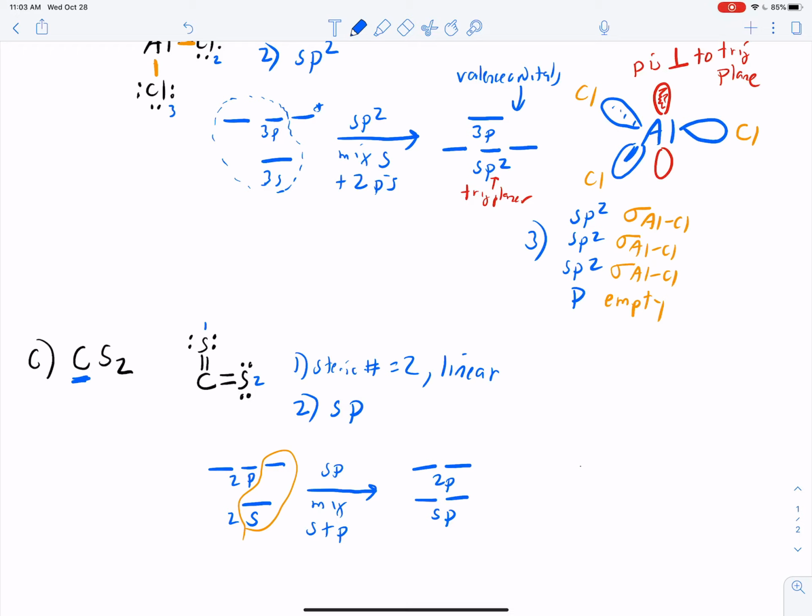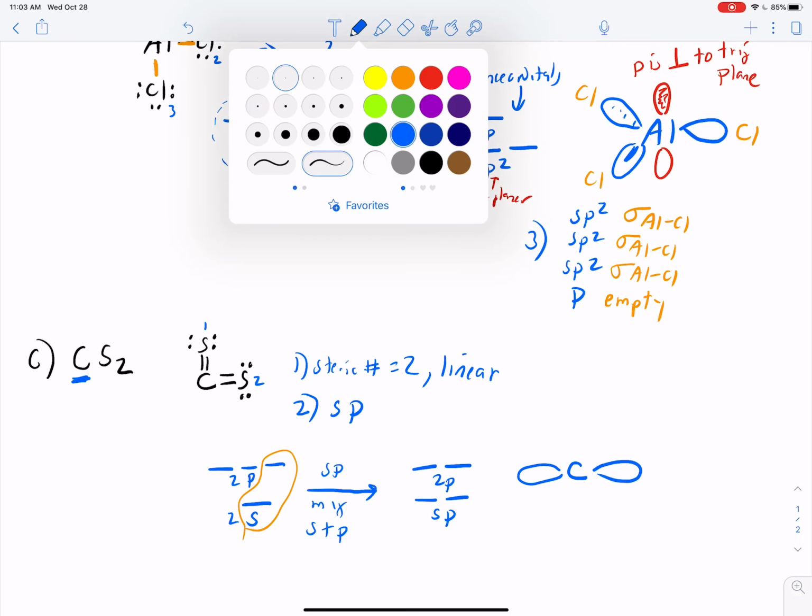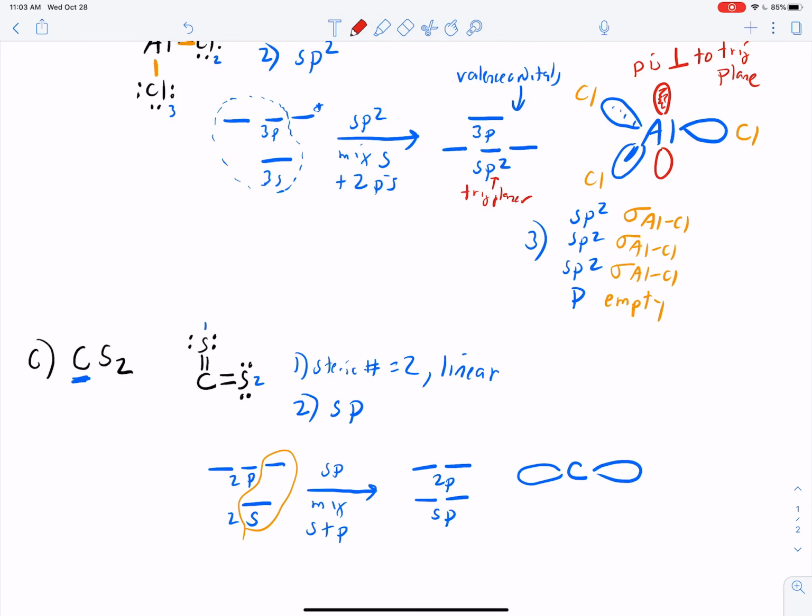And so I can draw. So what does that look like? Well, the 2 sp orbitals are in a linear arrangement. They're 180 degrees from one another. The p orbitals that are left over, I'm going to remark these in red. The p orbitals are perpendicular to those sp orbitals and perpendicular to each other. It's a little tricky to draw, but one of those p orbitals is straight up and down.